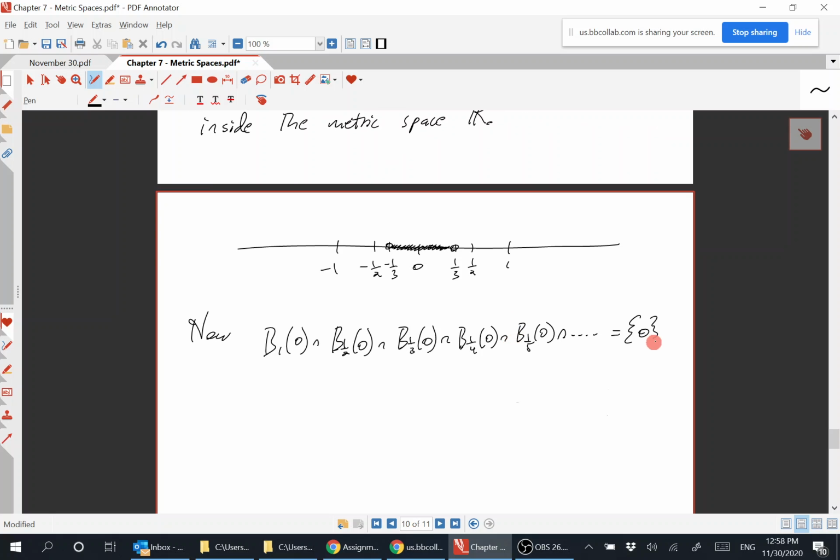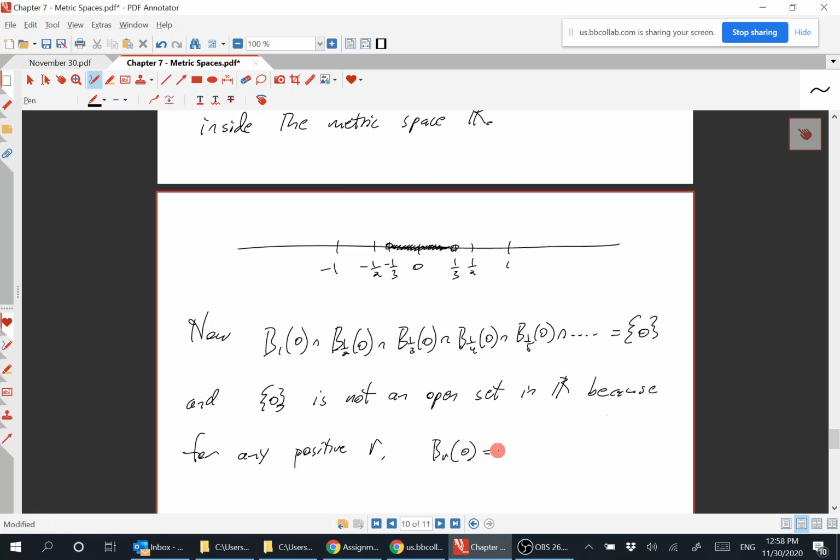That's just 0, and this set is not open, right? 0 is not an open set in R, because for any positive r, the ball of radius r around 0 is the interval from minus r to r, which is not a subset of 0.